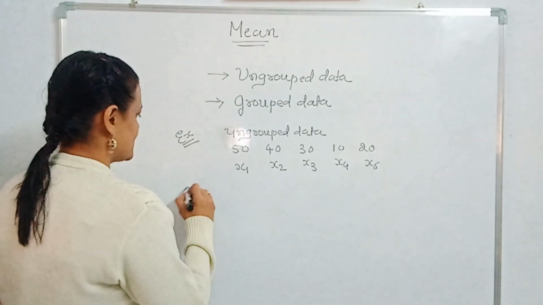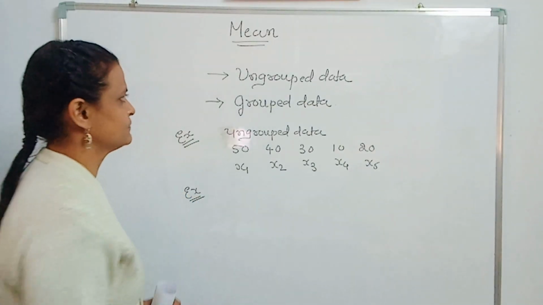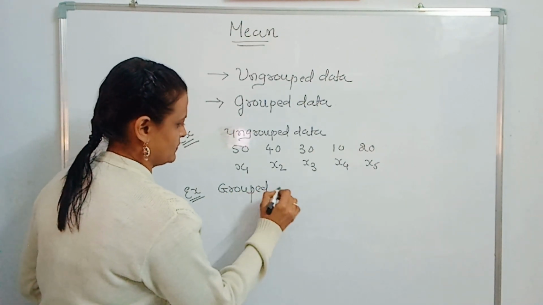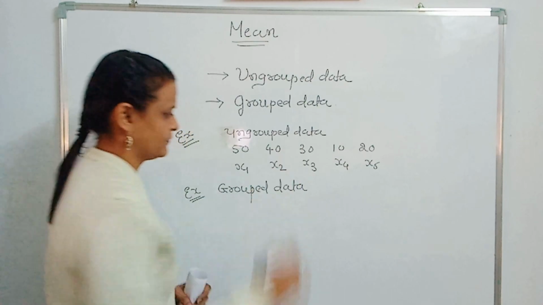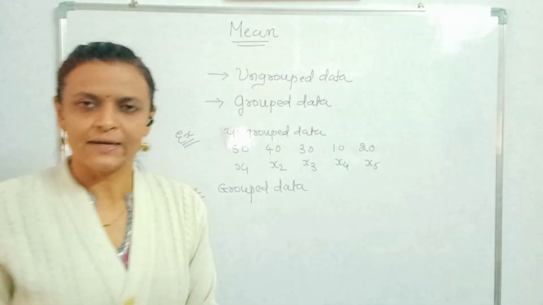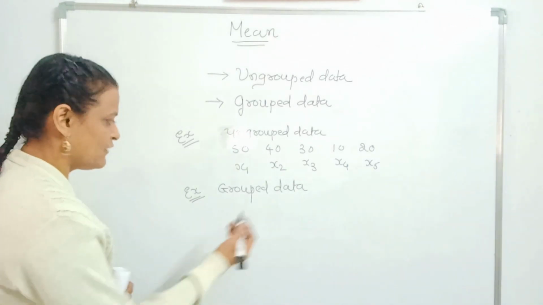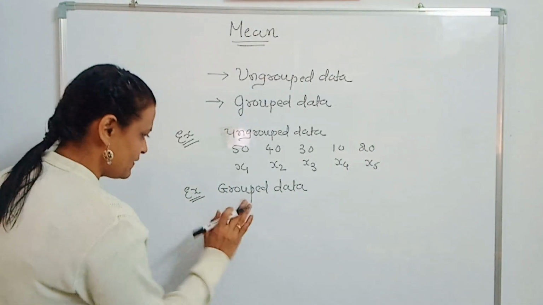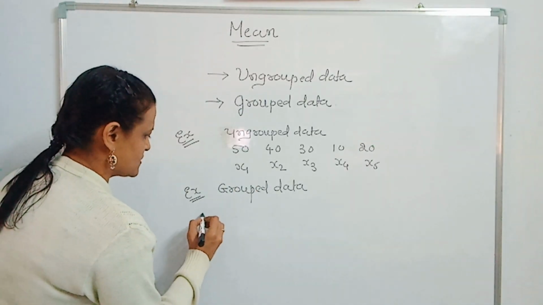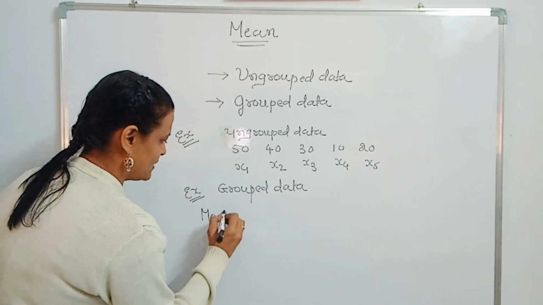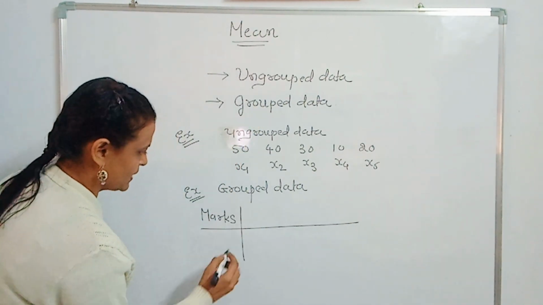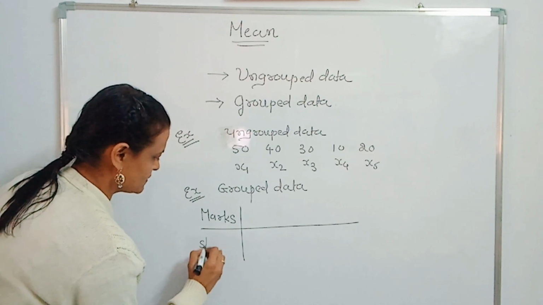Now let us take the example of grouped data. So grouped data are also divided into two categories. In the first category, the data will be given in the manner in which I am drawing the table. Suppose in one row I am taking marks, and in the second row I am taking the students.